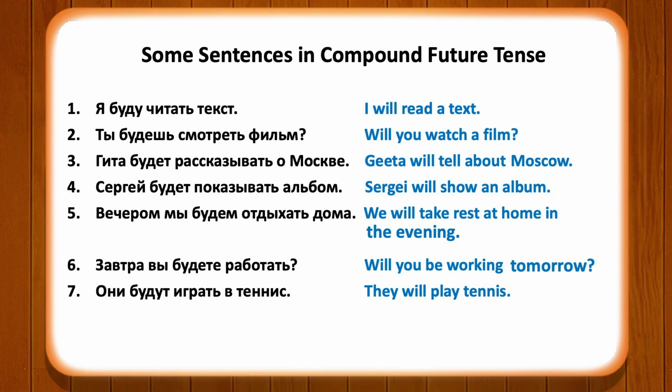In the next sentence, the verb used is отдыхать. Отдыхать means to take rest. Отдыхать in future tense form will be used along with the auxiliary verb быть, the conjugated form of the verb быть, followed by this verb отдыхать in infinitive form. So in the next sentence, вечером мы будем отдыхать дома.